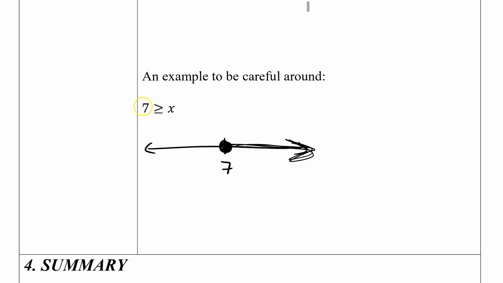But remember, the x is on the right-hand side, which is uncommon. We usually read that the variables are on the left-hand side. But if we say 7 is greater than x, that means that 7 is bigger than the solution. So that means that the solution would be here and here and here. It would not be here.